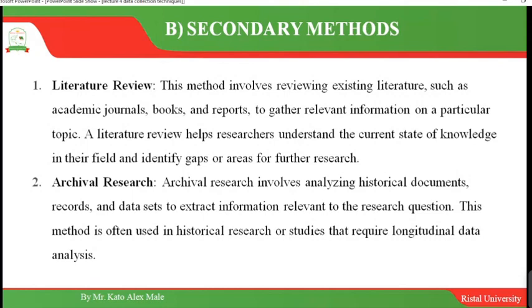For example, you might want to find out whether smoking causes lung cancer, yet very many people have done research on smoking and lung cancer. Is your study going to be significant? No, because there is no new knowledge you're going to give us. There is no gap you're going to fill. You get it? That's why literature review is important, and it is a secondary method.